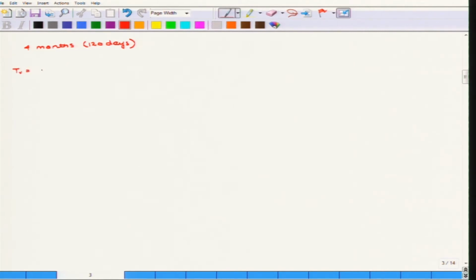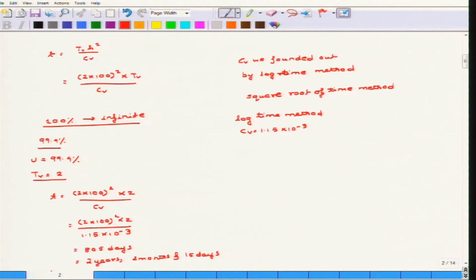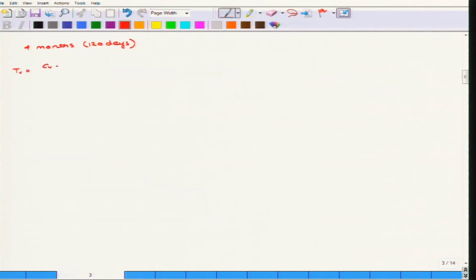what we said was that we just recalculated TV. In this case TV is equal to CV into T by H square, and we already know that T is equivalent to 120 days. We also know that H is 200 centimeter and CV is 1.15 into 10 to the power minus 3, because it is the same clay layer.